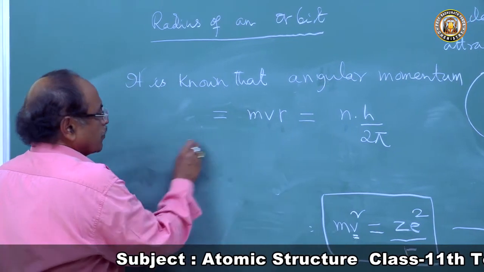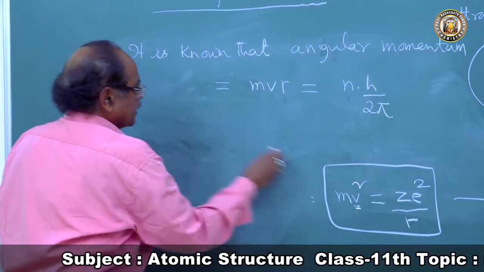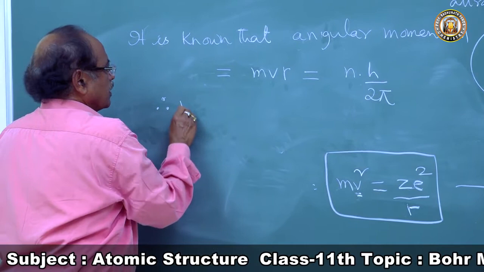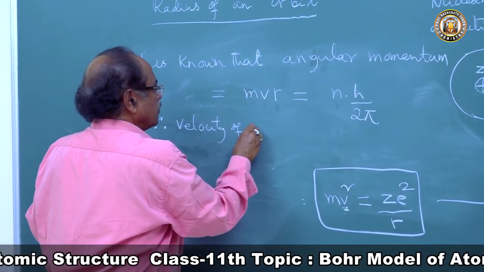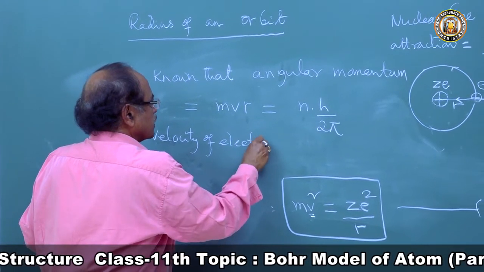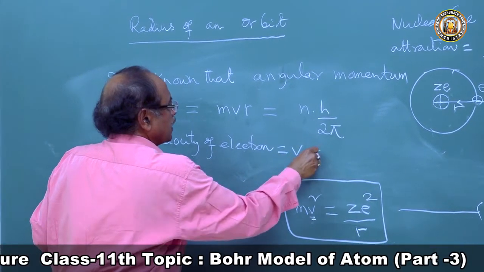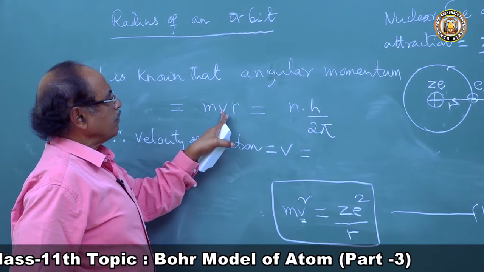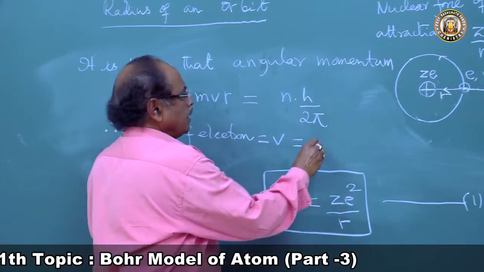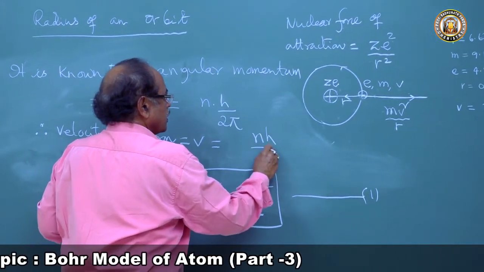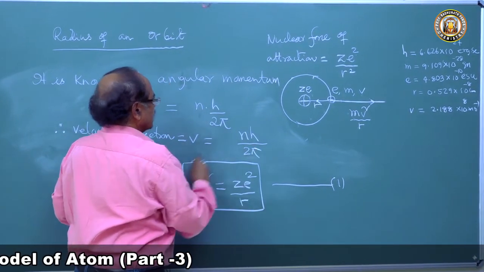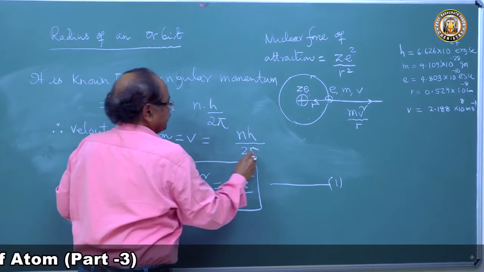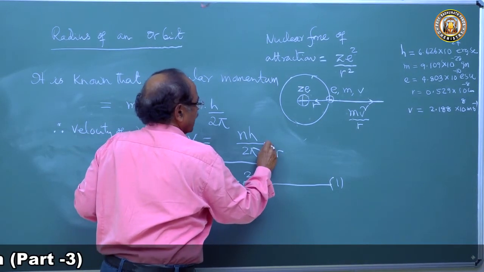So from this we can get the value of v. Therefore v, the velocity of the electron, will be n h by 2 pi m r.